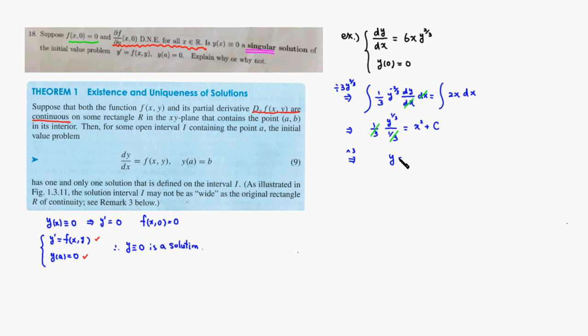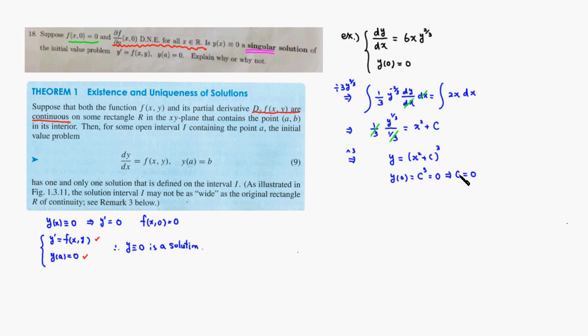So we found a general solution, which is the quantity x squared plus c, cubed. If you want the initial value problem, we can just try y of 0 is equal to 0 squared plus c, which is just c cubed, and we want that to be 0, which means that c is equal to 0.